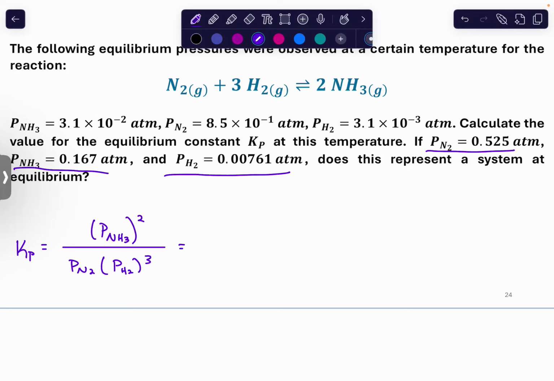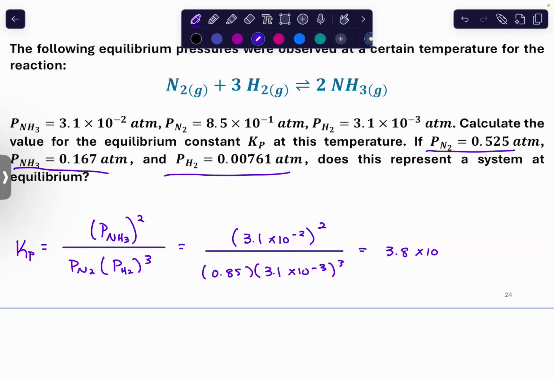So my N2 is going to be 0.85. My H2 is 3.1 times 10 to the negative third, cubed. My NH3 is 3.1 times 10 to the negative second, squared. And when you multiply this all up, you're going to get 3.8 times 10 to the fourth. Okay.